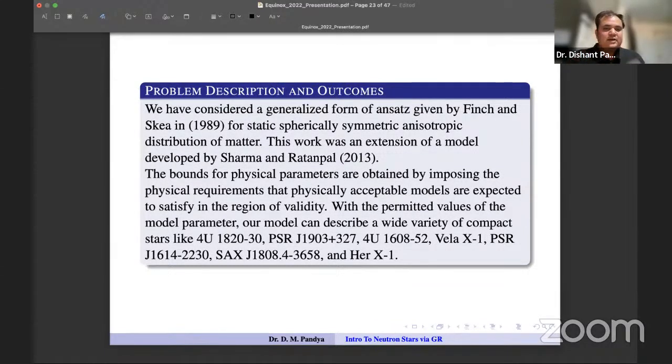Finally we tried to check with well-known pulsars like 4U 1820-30 or PSR J1903+327 and so on. These are very well-known compact stars or pulsars where we applied our computations, and we tried to verify whether we have produced a good working mathematical model or not, which is called a physically viable model.